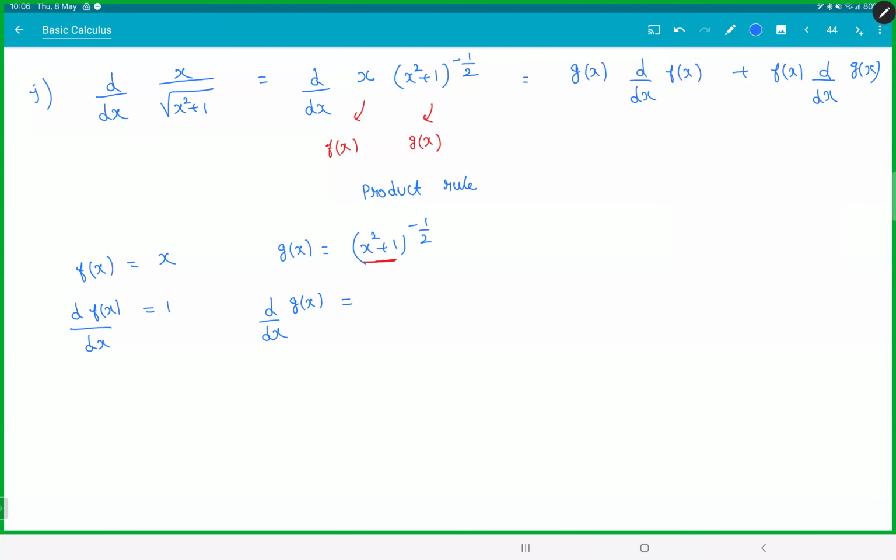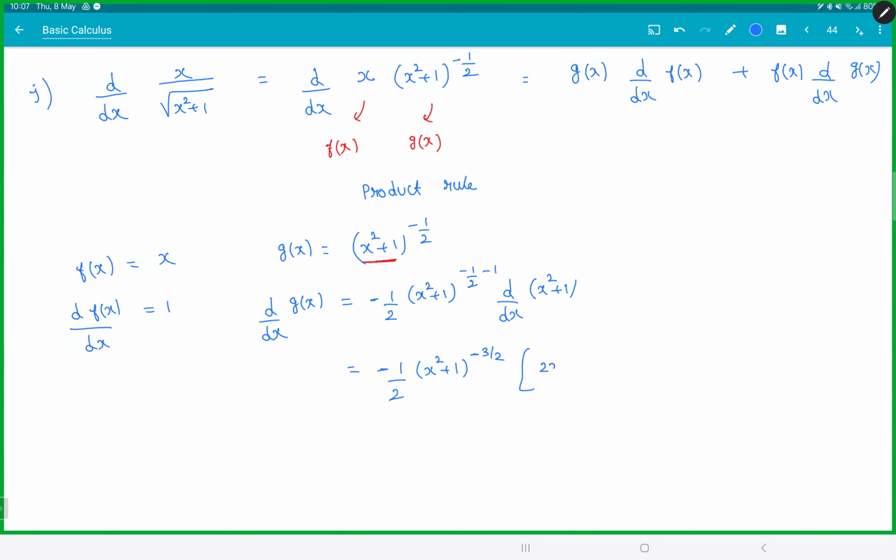So minus half into that some function, minus half, minus 1, then whatever is inside, differentiate it again. You just need to differentiate this red column, whatever is inside. This is minus half x square plus 1 whole power minus 3 by 2.